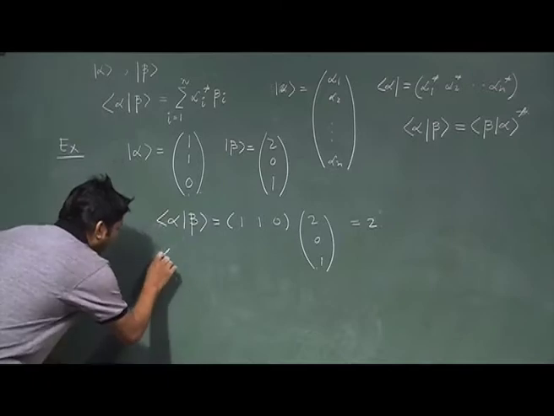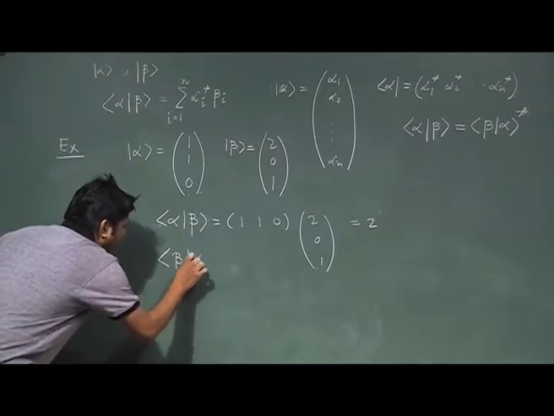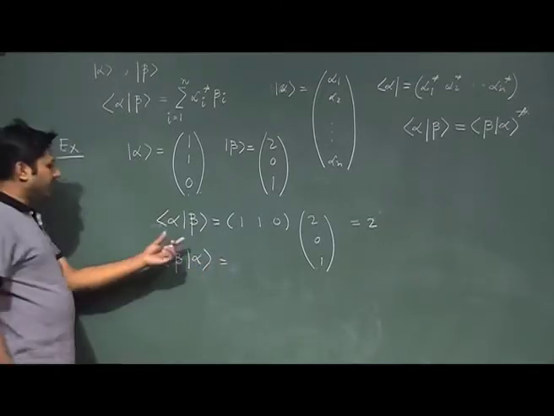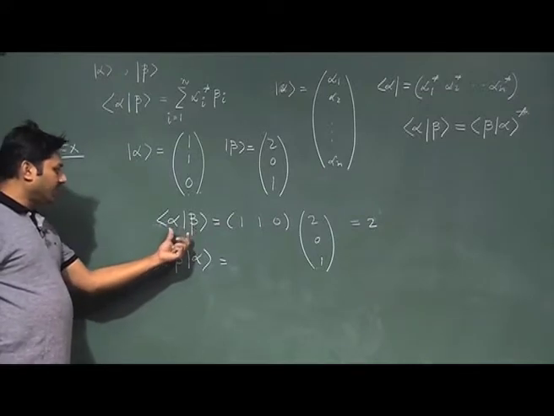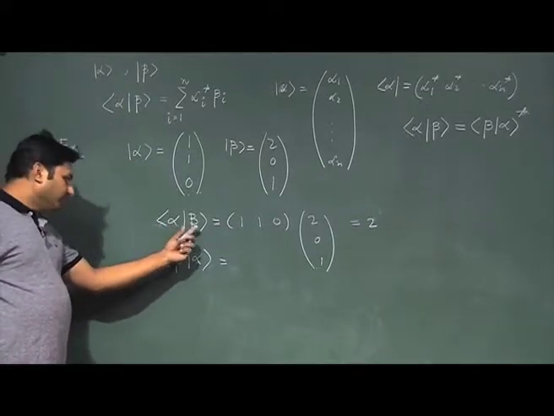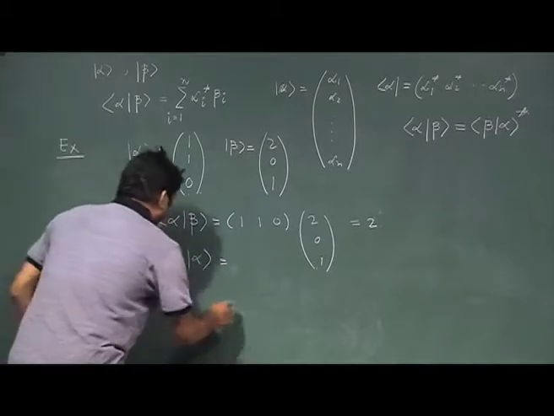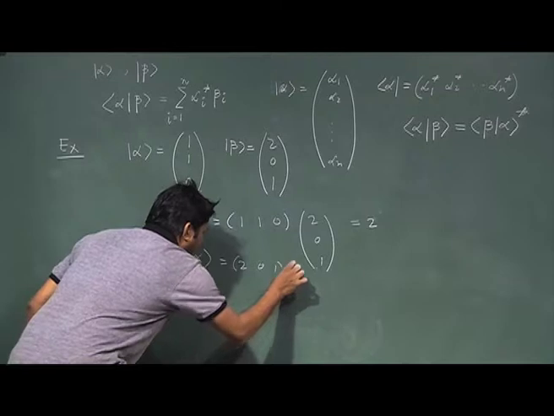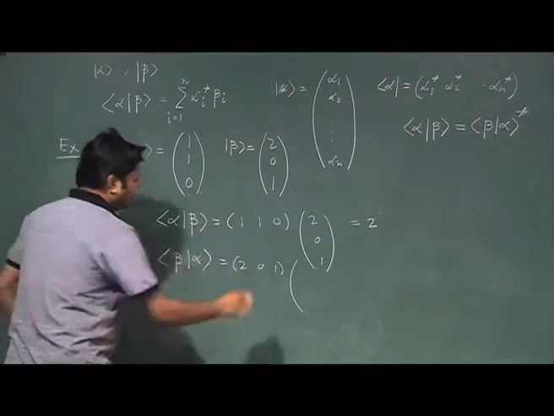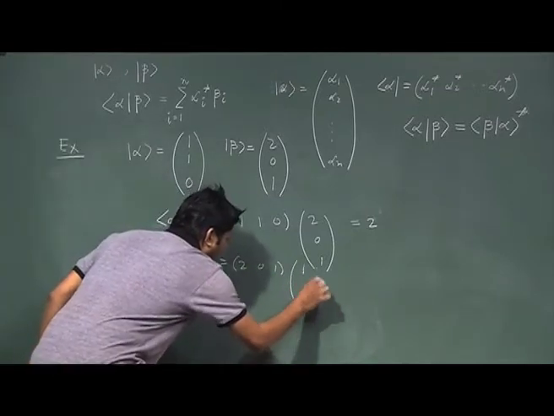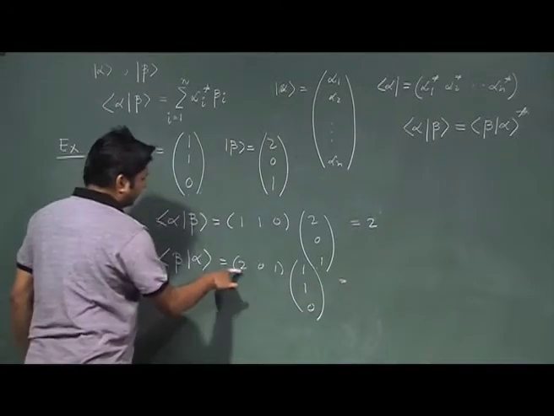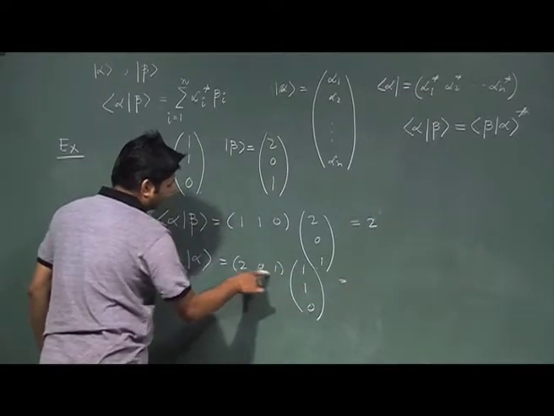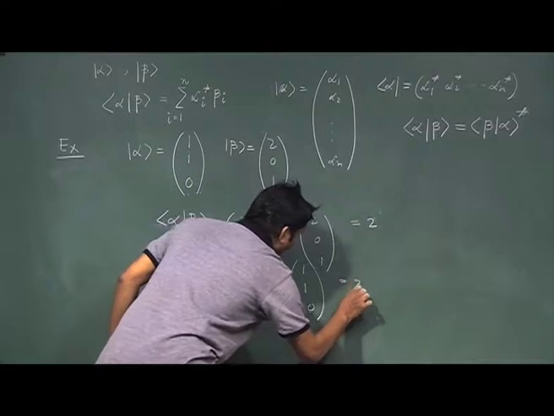Now, if I do the way I did last time, just rotating these two vectors, instead of doing <alpha|beta>, now I am doing <beta|alpha>. So, now beta I need to rotate, so 2 0 1 and then 1 1 0. Again, if I multiply, 2 into 1, then 0 and 0, I will have 2.